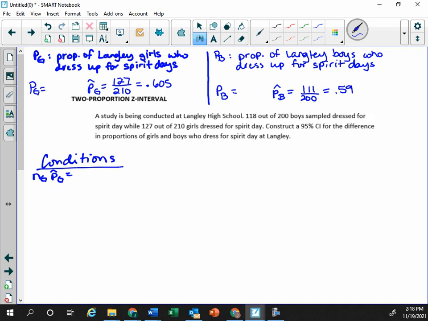So that's going to be 210 times our 0.605, which we know is 127, definitely greater than or equal to 5. n sub g times 1 minus p hat sub g, 210 times, and I think that's 83. Also greater than or equal to 5.